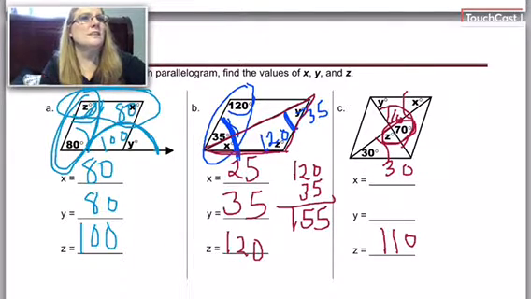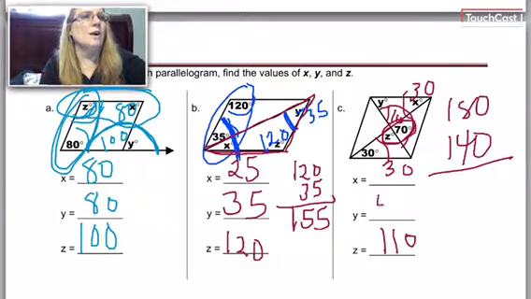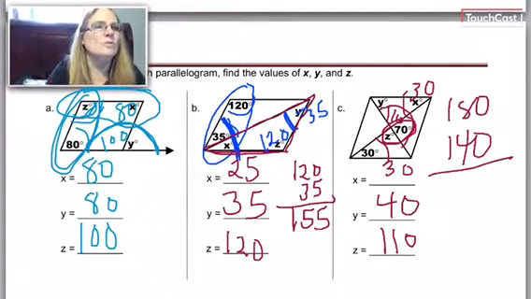So this is 110, and we said that was 30. So if you add 110 and 30, you have 140. If you subtract that from 180, you can get y, which would be 40. So in these, there's usually more than one way to get the answer, but you're going to have to use the properties that you know about parallelograms.